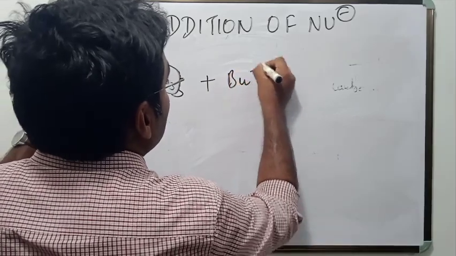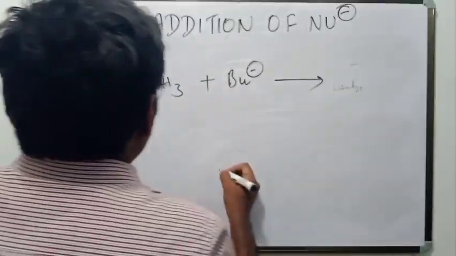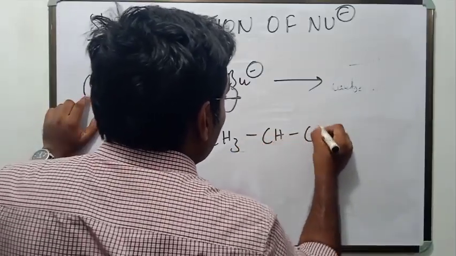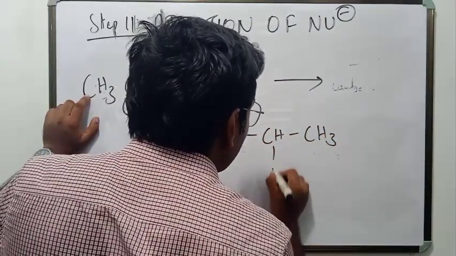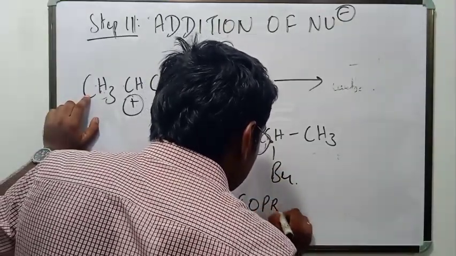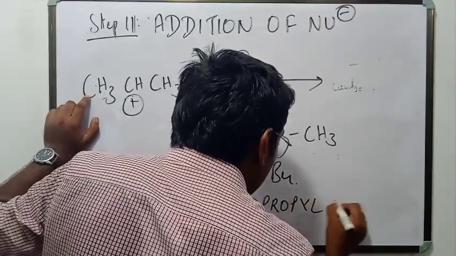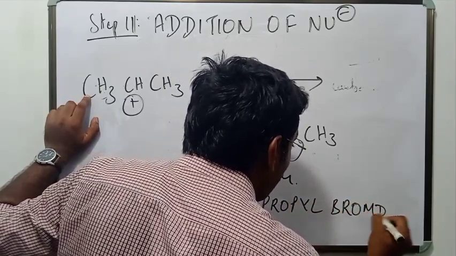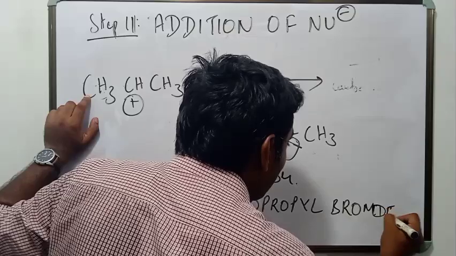Br minus. And what will be formed as the major product? Yes, we got isopropyl bromide as the major product.